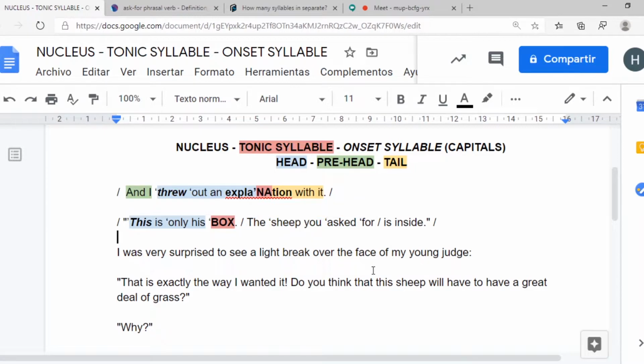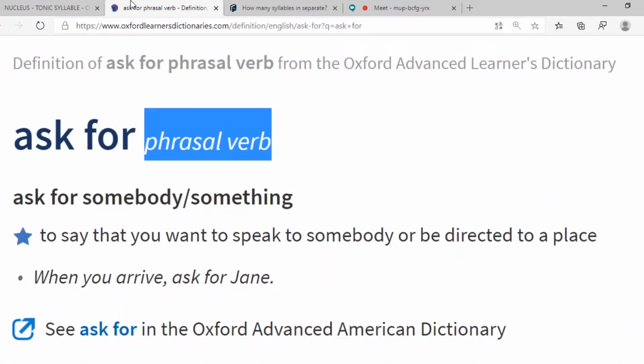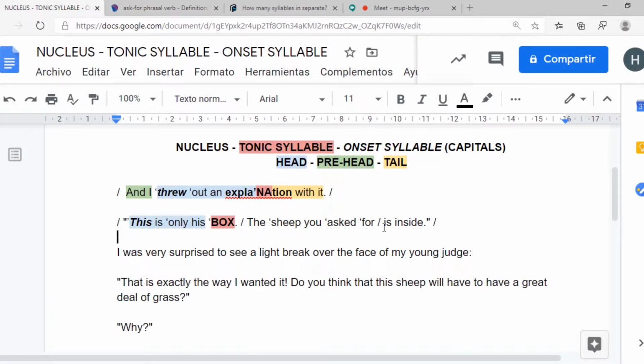So where is my nucleus? Which is my nucleus for you? Sheep, asked, or for? For is not a content word, but it's a stressable word. Remember, the last lexical item will be your accent, generally.